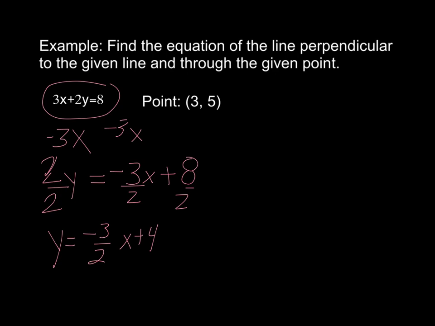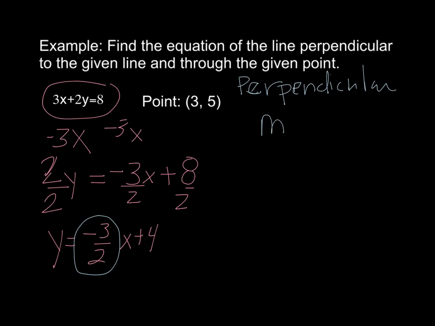So our slope of this particular line is -3/2, but we want to find the perpendicular slope. So we're not going to use a slope of -3/2. We're going to use a slope of positive 2/3.